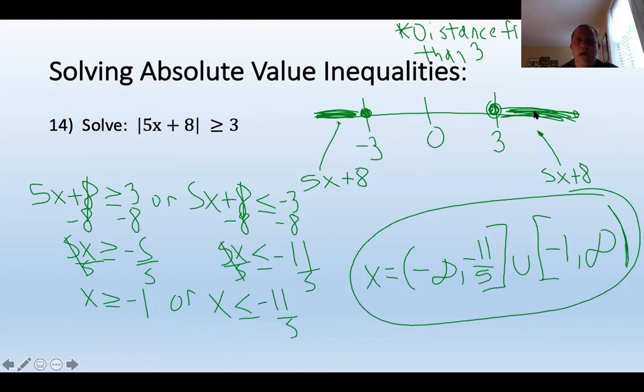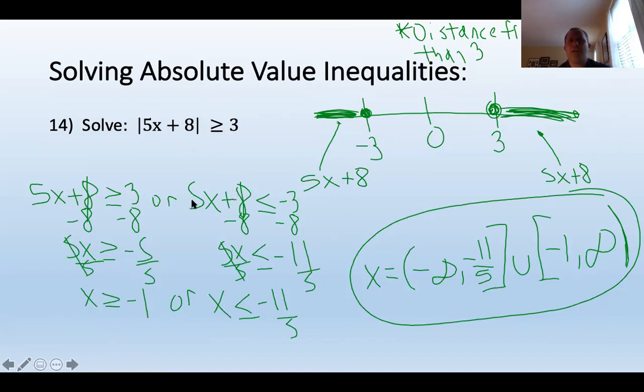The only way that's possible, like I've illustrated on this number line, is if 5x plus 8 is greater than or equal to 3, or 5x plus 8 needs to be less than or equal to negative 3. So on both of those inequalities, the distance from 0 on the number line for 5x plus 8 would be greater than or equal to 3.